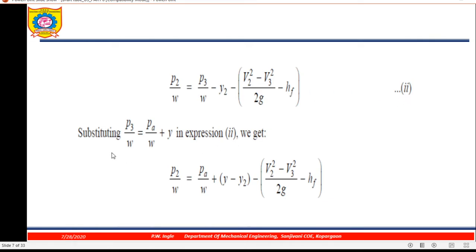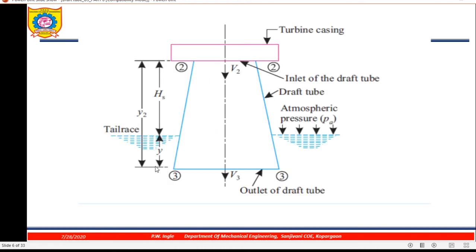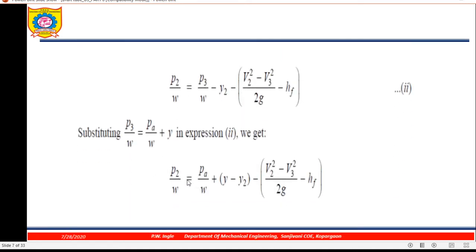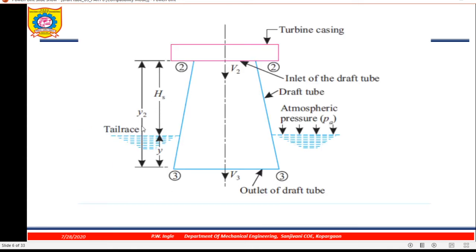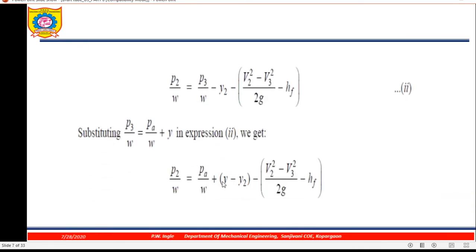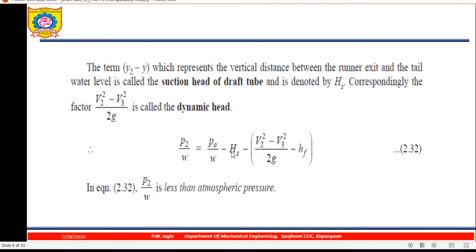This is equation 2. Substituting P3/w = Pa/w + y, that is atmospheric pressure plus this head, you can write P2/w = Pa/w + y - Y2 - (V2² - V3²)/2g - hf. Now y - Y2 is nothing but minus hs.